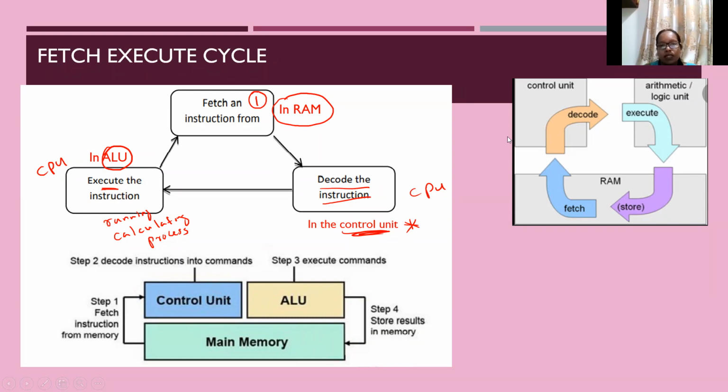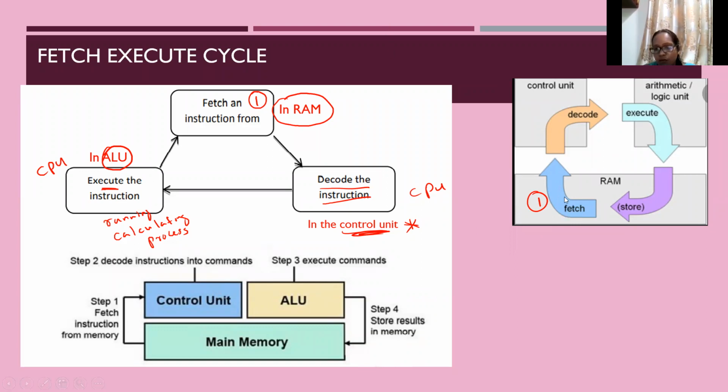Now, this is one diagram you can show, and this is another way it appears in some papers. What is the starting point here? Fetching is the starting point. Number one is fetch, from the RAM, because the RAM stores data and instructions.